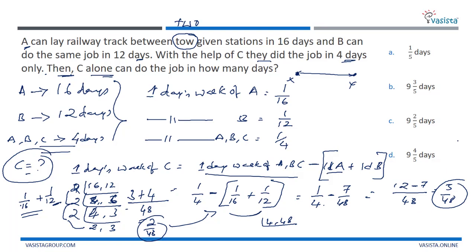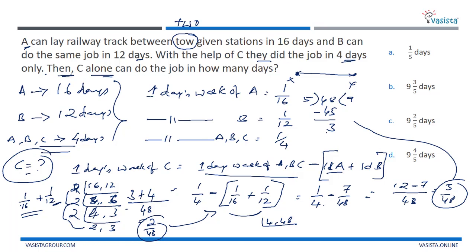But they have given the options in a mixed fraction. Now we are supposed to convert this into a mixed fraction. You know how to convert to a mixed fraction. What you can do, I will do here 48 divided by 5. 5 9s are 45, subtract here, that will become 3.